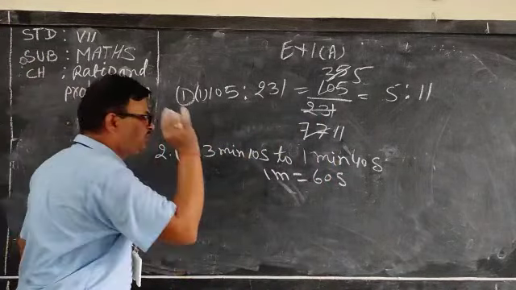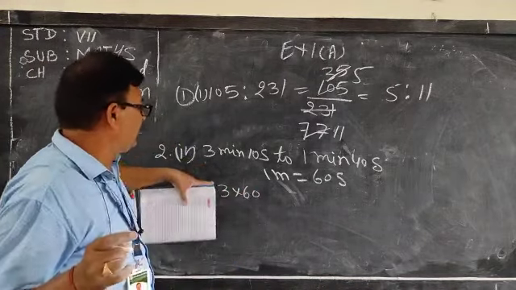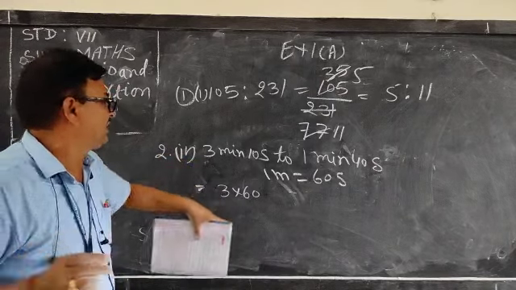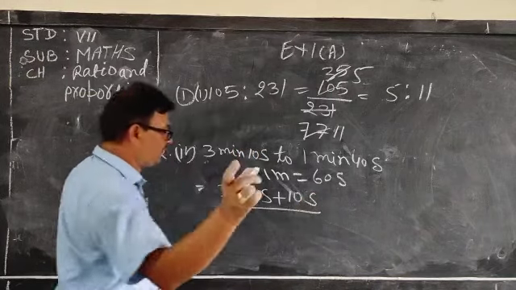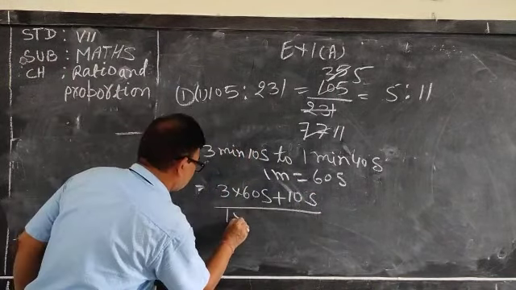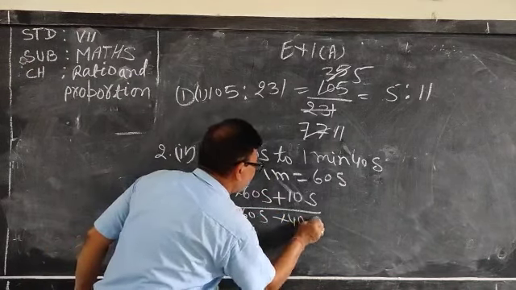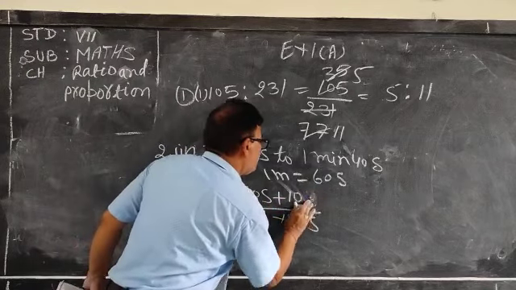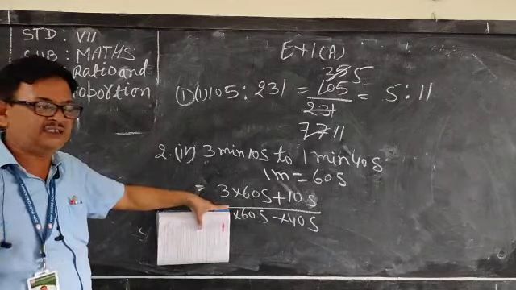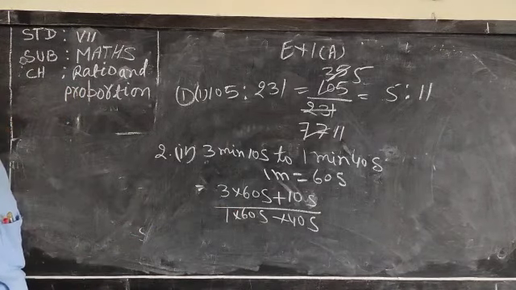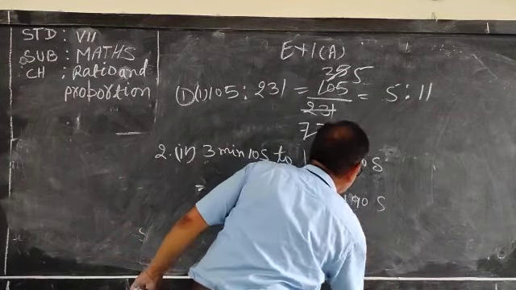So what we will do? 3 minutes is 3 into 60 seconds, plus 10 seconds, divided by 1 minute, which is 1 into 60 seconds, plus 40 seconds. S is for second. 60 multiplied by 3 is 180, plus 10 is 190 seconds.